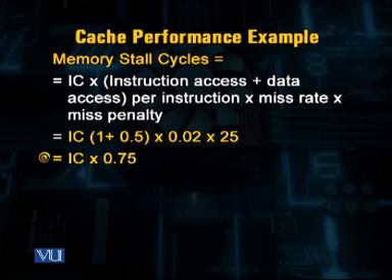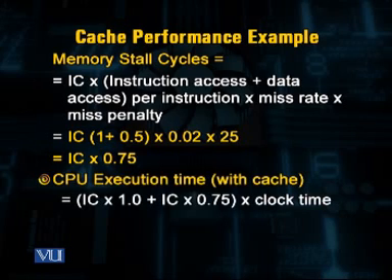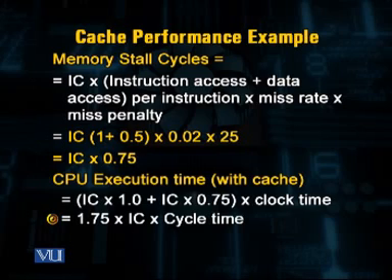So it results in the memory stall cycles equal to instruction count multiplied by 0.75. Now, adding these two values, the one we determined earlier and this value, results in the total CPU execution time equal to 1.75 multiplied by the instruction count multiplied by the cycle time.